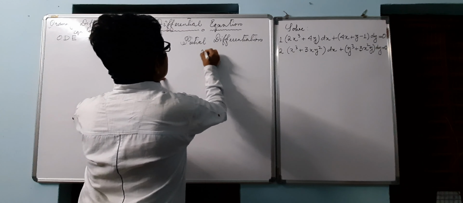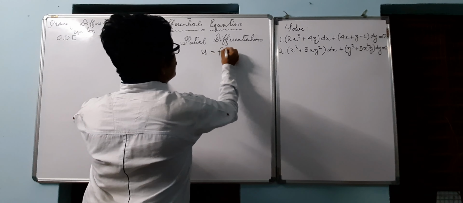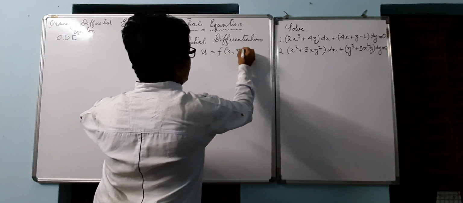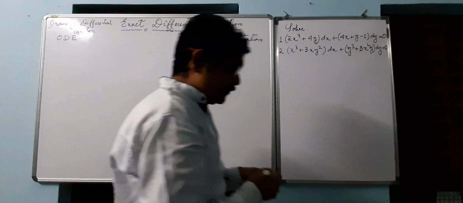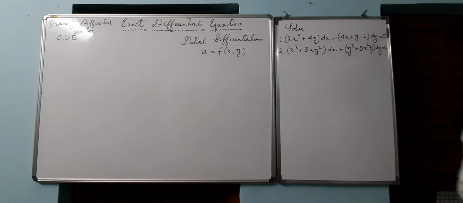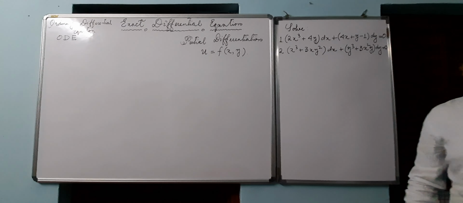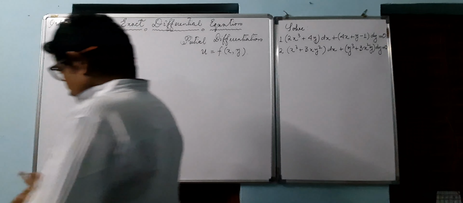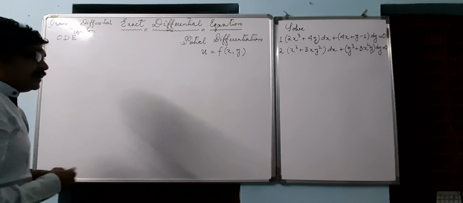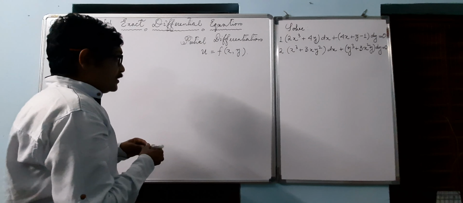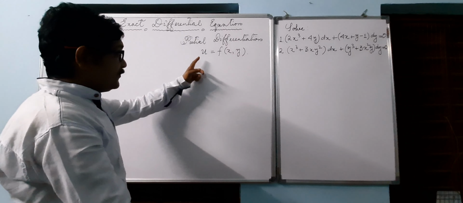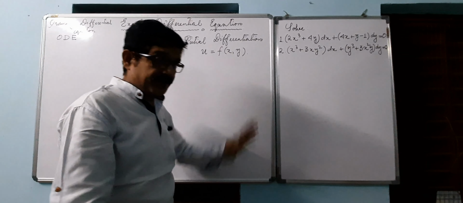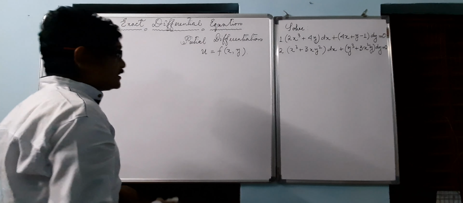Let us consider the function y equals f(x,y), a function of two variables. Now partial differentiation means: let us consider the function u equals f(x,y).